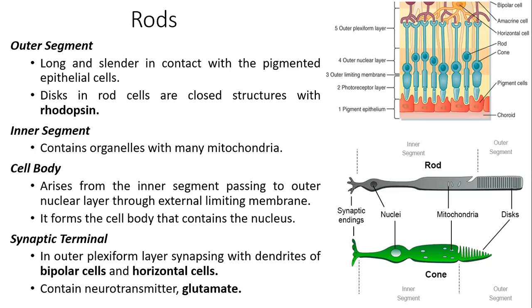So now it contains a neurotransmitter known as glutamate. Glutamate is found at the synaptic endings of the rods and the cone cells. It's this same glutamate that is able to cross over the synapse. Remember, at the neuromuscular junction, we had acetylcholine.